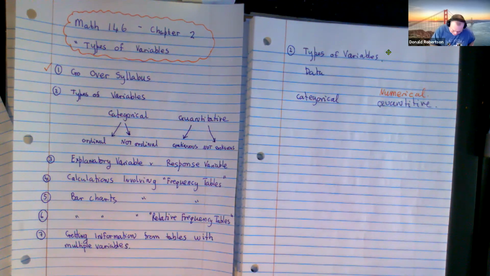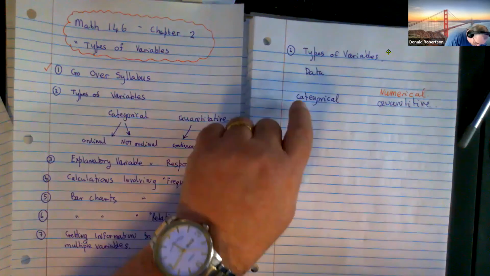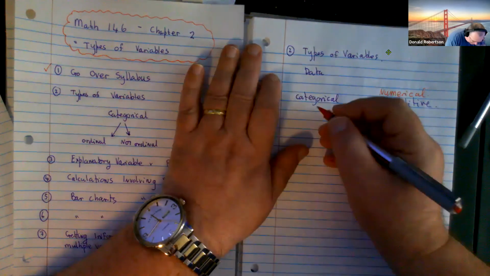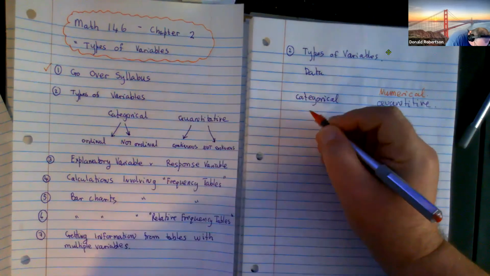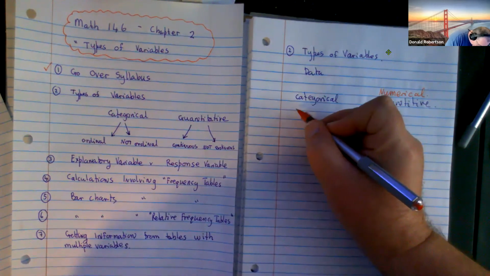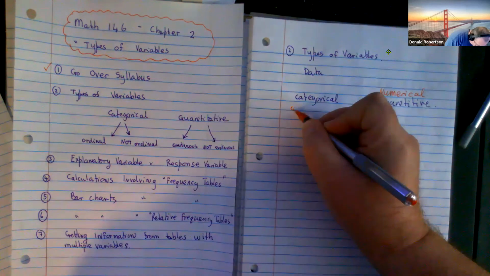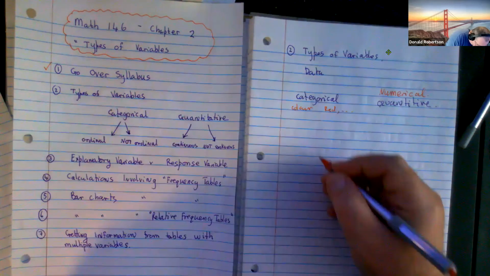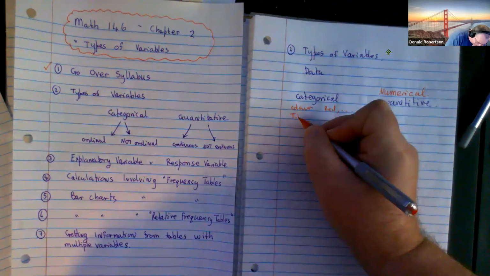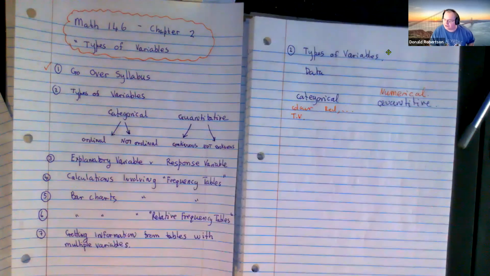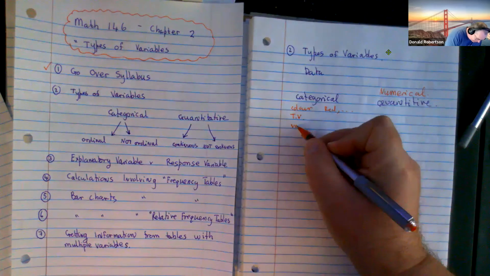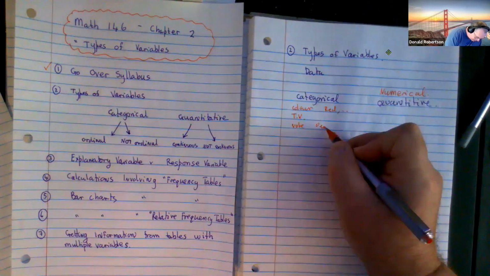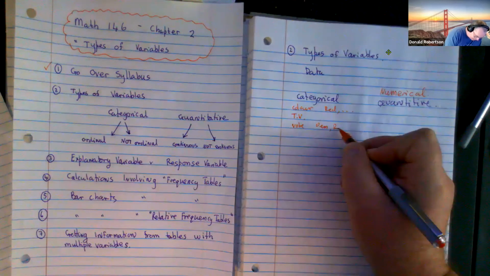Categorical data is data like you ask people their favorite color and they say red and blue and green. Or you ask them what was the name of the TV show that they watched last night? Or you ask them who they're going to vote for, the Democrat or Republican or an independent.